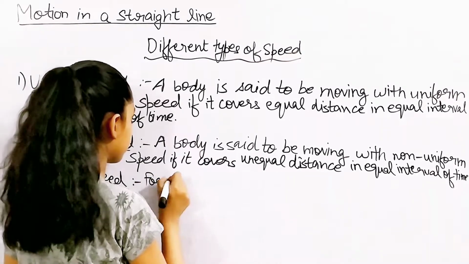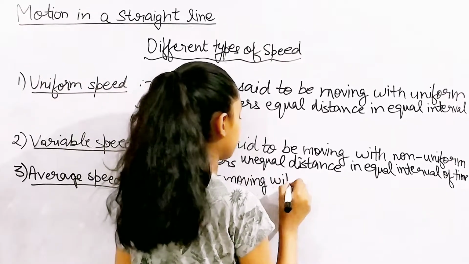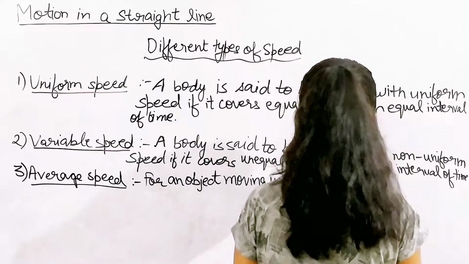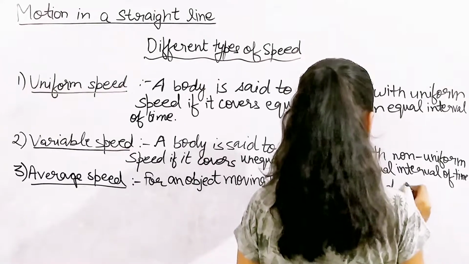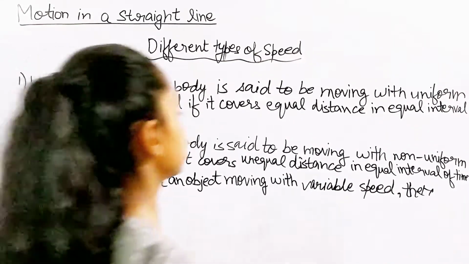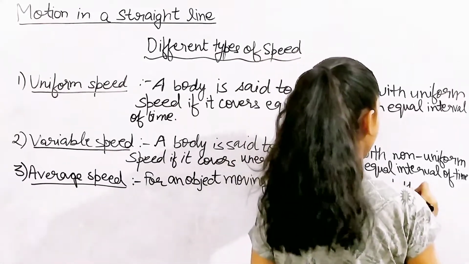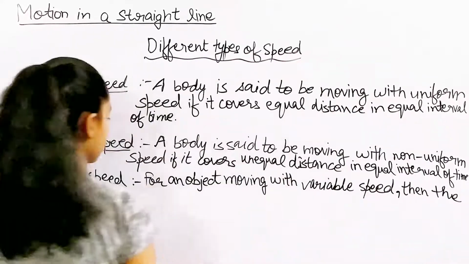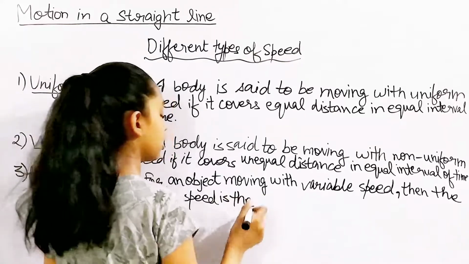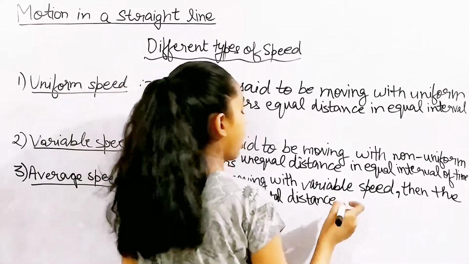So for an object moving with variable speed, then the average speed is the total distance covered.